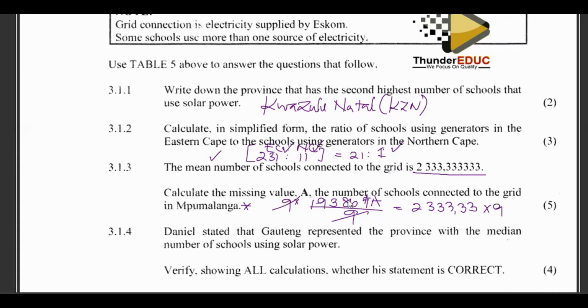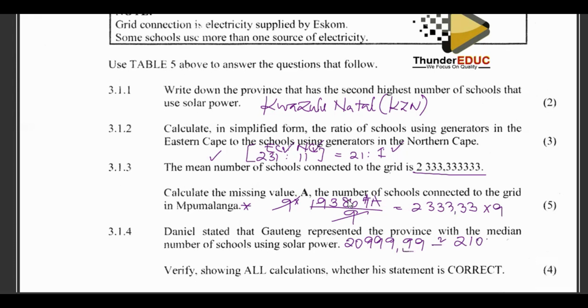So what you remain with is 2,300,333.333 times 9 equals, but then this is approximately 21 what?